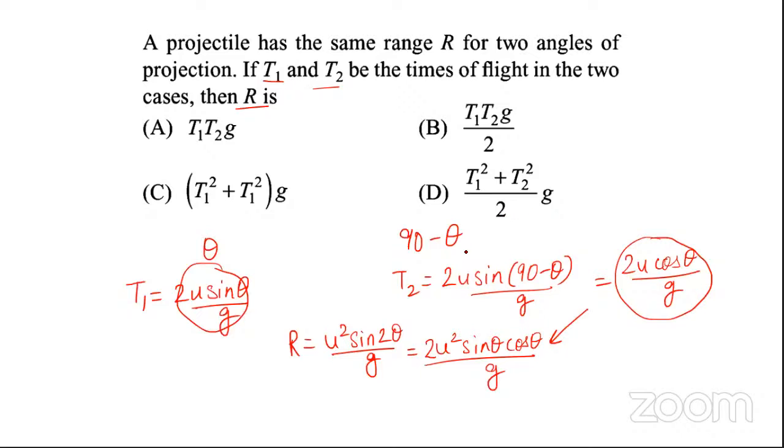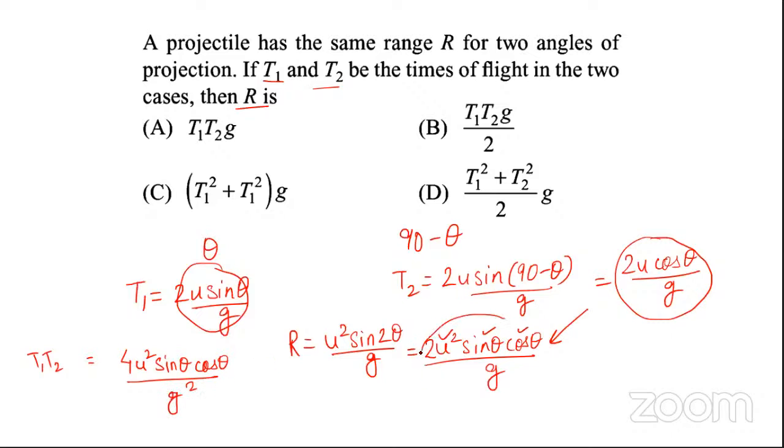All right, I'll tell you the solution. See, here you have sin theta, cos theta, and u square. So why don't we try to multiply both of them? T1 into T2, we get 4u square sin theta cos theta by g square.